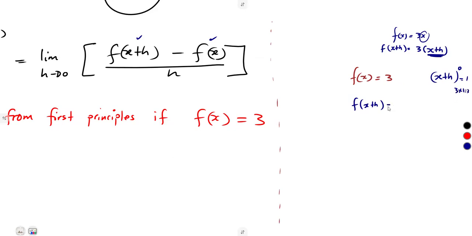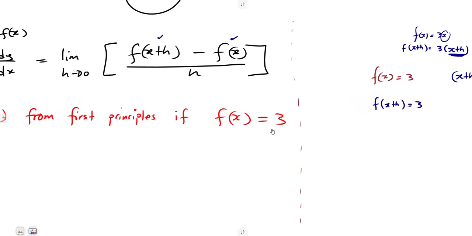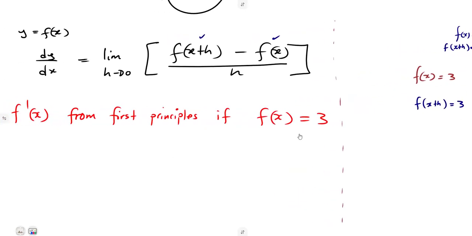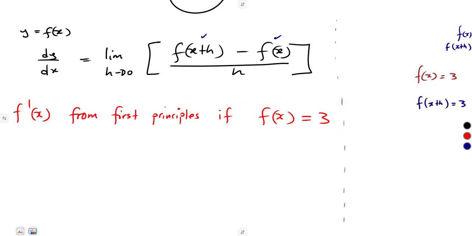So our f of x plus h is just going to be equal to 3. There is nothing that we are going to substitute in place of x, because we do not have x. So this is what you are going to have as your solution.